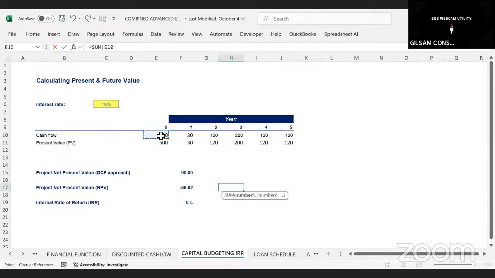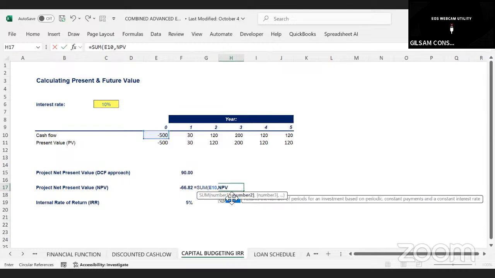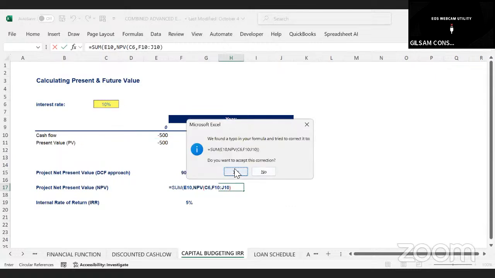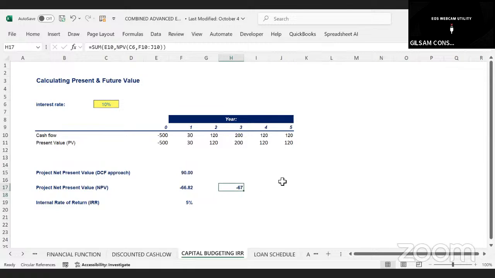Number 1 is this one, comma, NPV. It will ask us the rate which is 10%, comma, and then you can select our values here and then close the bracket, enter. So you pata 67 wameround off, and then discount internal rate of return vile wameifanya hapo.